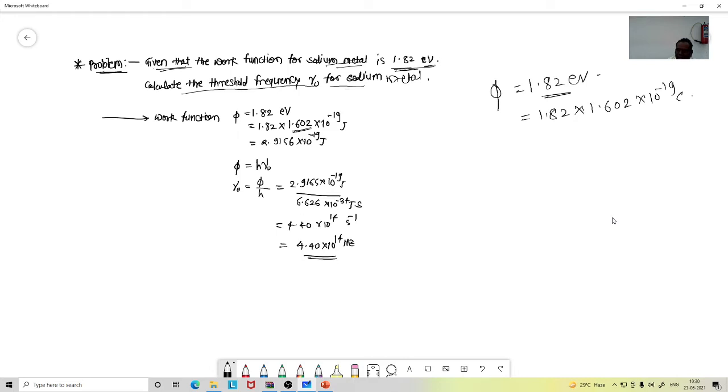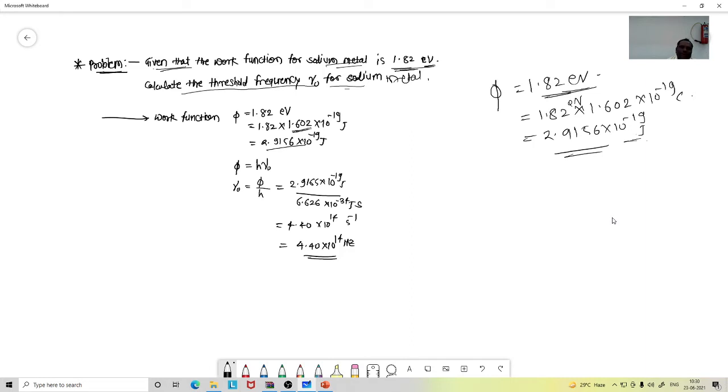The electron volt will be converted into joule. That value comes out to be 2.9156 into 10 raised to minus 19 joule. Now this electron volt value is converted into joule, right?